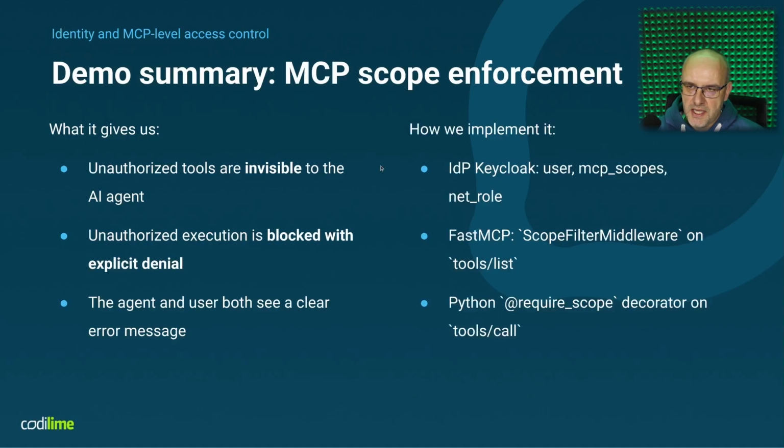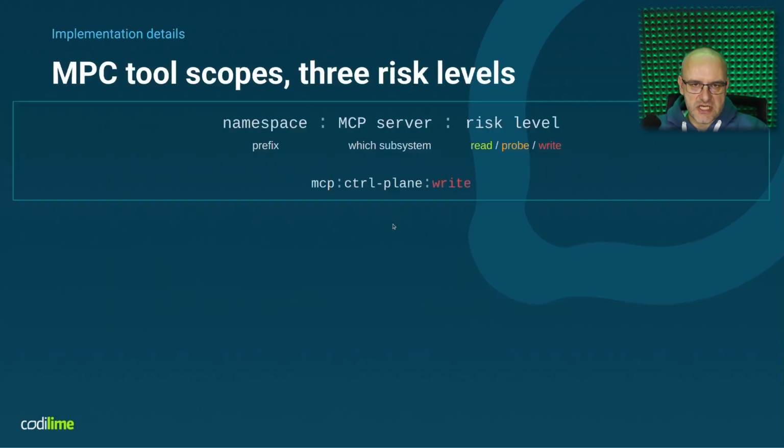So how do we achieve that? We need to properly configure our identity provider, and of course provide some code in our MCP server. Here I would like to show some implementation details. The first point is to prepare how we would like to construct our MCP scope.